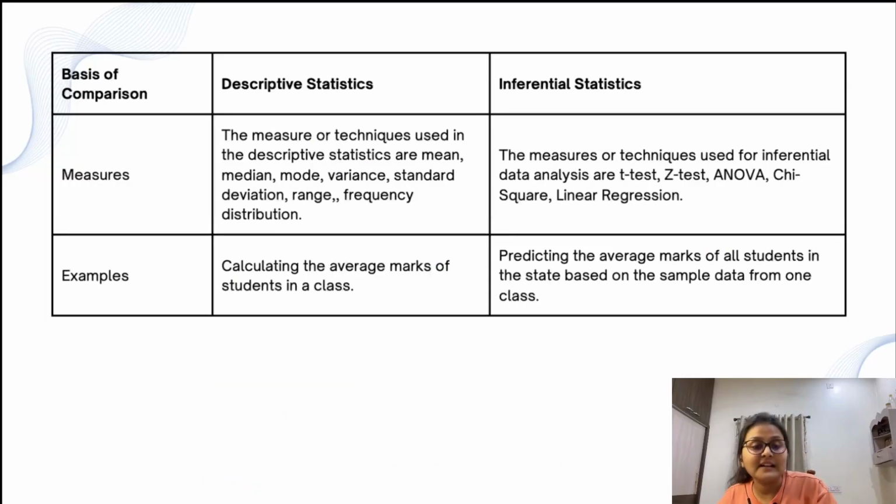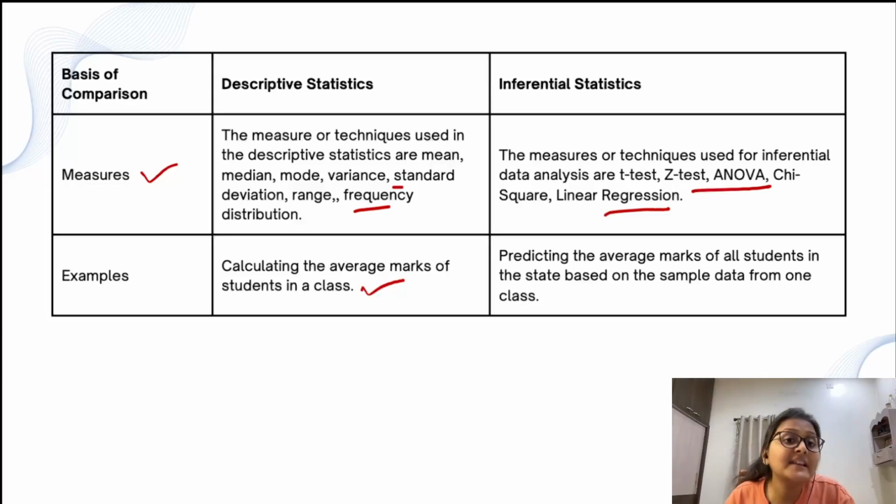Now let us look at the next comparison, that is measures. The measures or techniques used in descriptive statistics are mean, median, mode, variance, standard deviation, frequency distribution. Under inferential statistics, we have various types of tests and linear regression. An example of descriptive statistics is calculating the average marks of the students of a class.